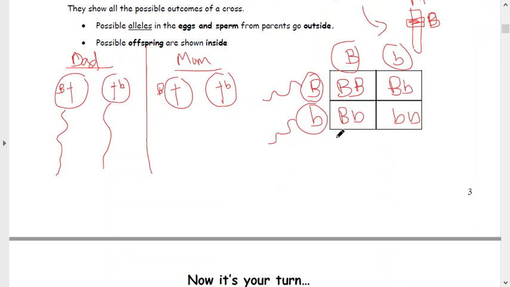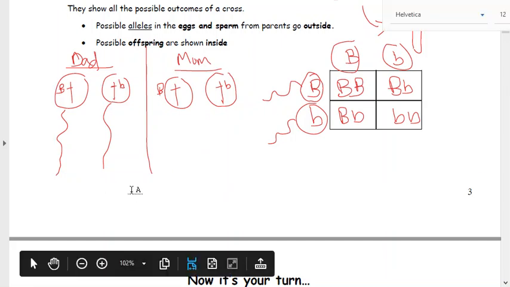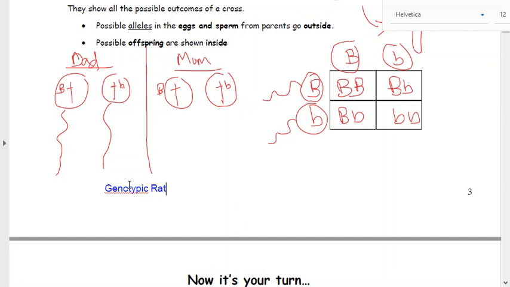So what we can do at this point is write what is called the genotype ratio, or the genotypic ratio. And all we're saying is what are the possible genotypes here? Well, we would say there's 1 capital B, this would be homozygous dominant.